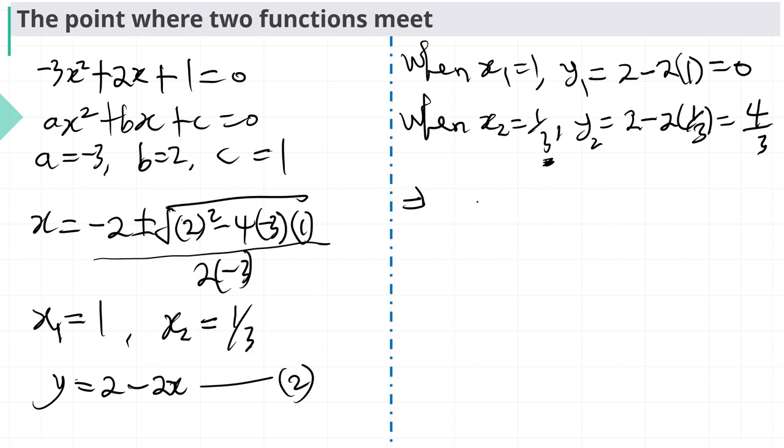This tells us that the first point where the two functions intersect is (1, 0).